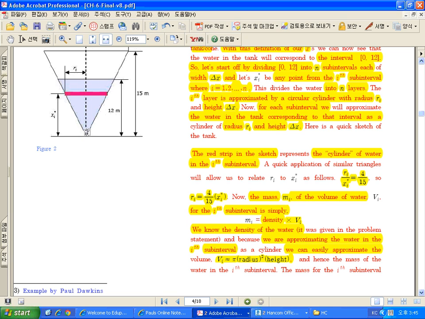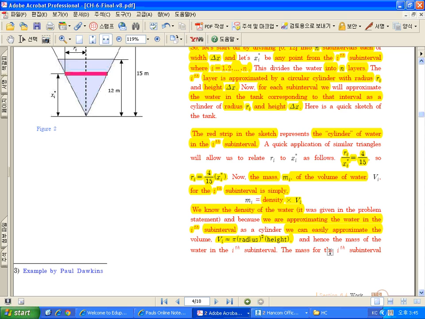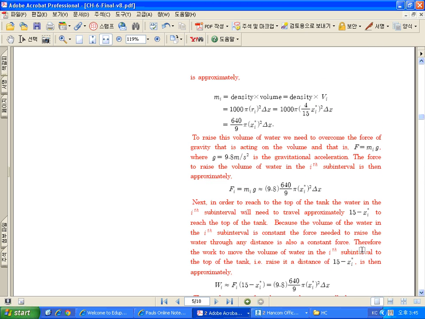The total mass can be the summation of the masses of each of these subintervals. Okay, now we are all set. We have Vi, we have Mi, and we have the equation of Ri with respect to Xi. So the mass for the ith subinterval can be written as this.